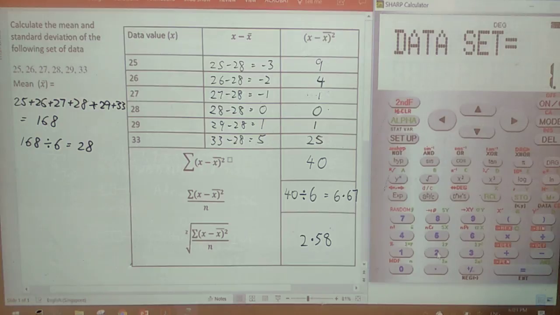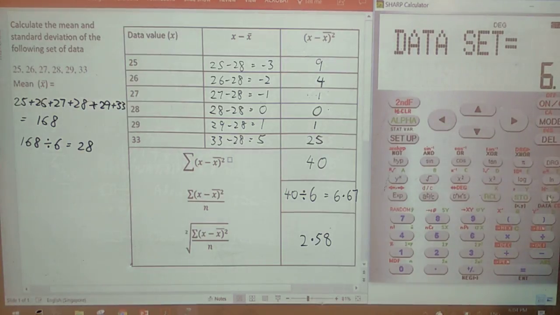If you enter 26 and click M+ again, you get the second value added to the data set. And so I will just continually add the rest of the data. And finally, the last one. So you can see that I've entered 6 pieces of data.